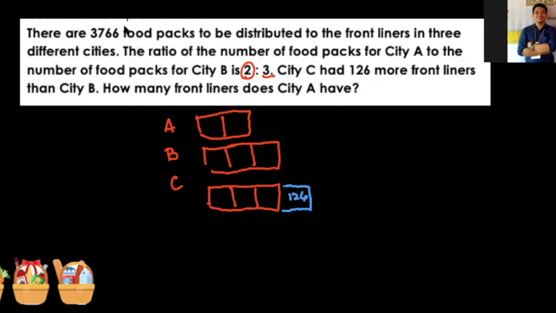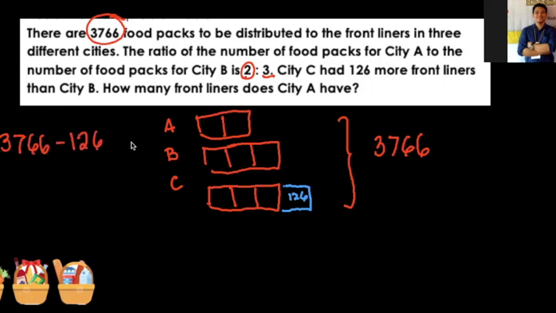Okay, and also based from the given, the total food packs given to every city is 3,766. So first, we need to subtract 126 from 3,766 so that we can get all equal units of the quantity.